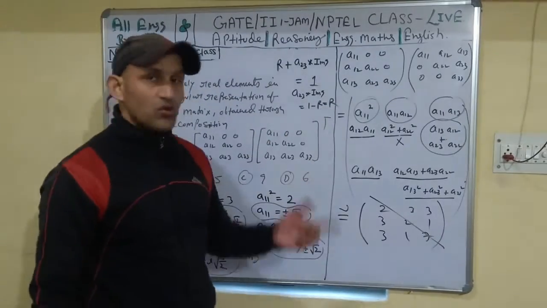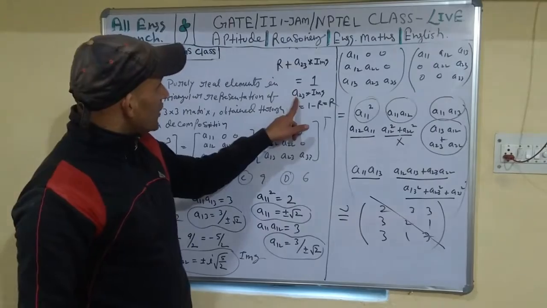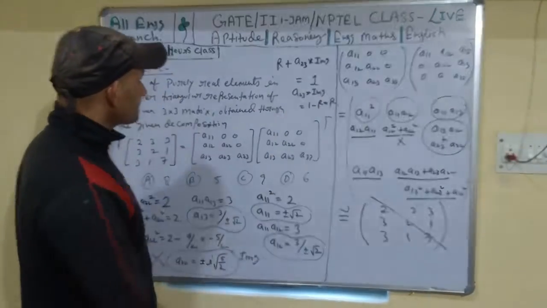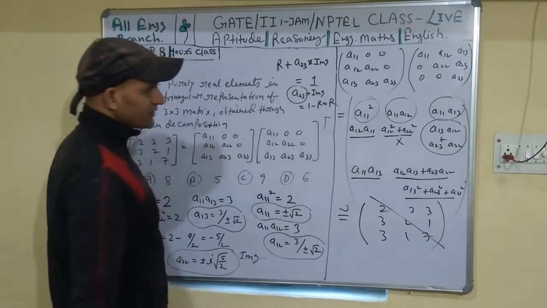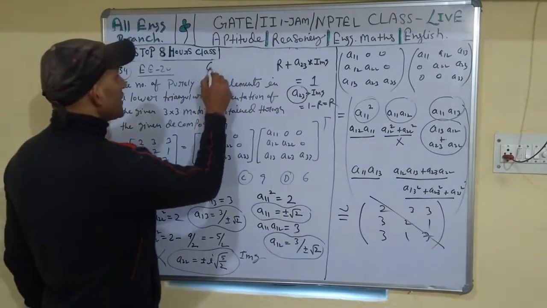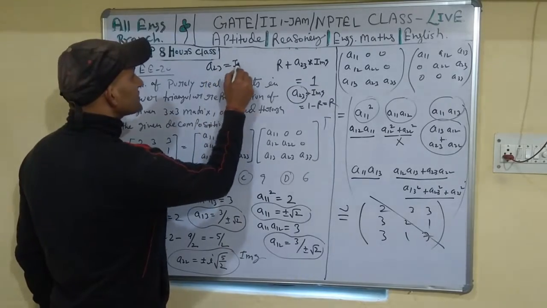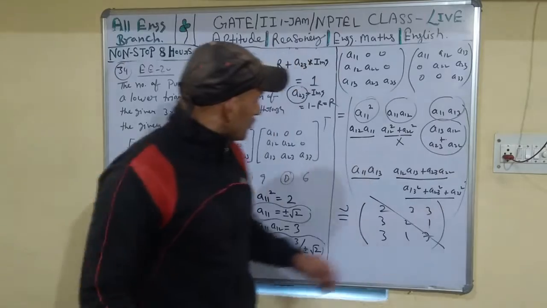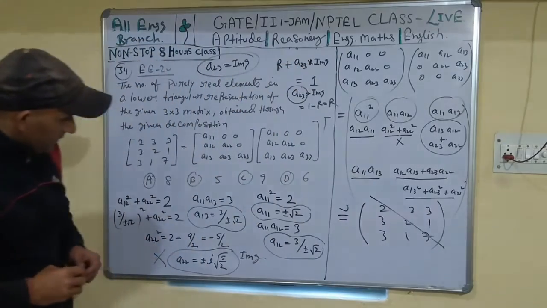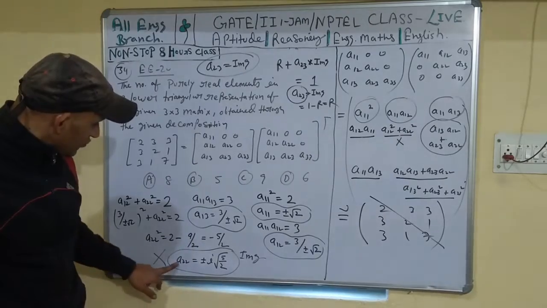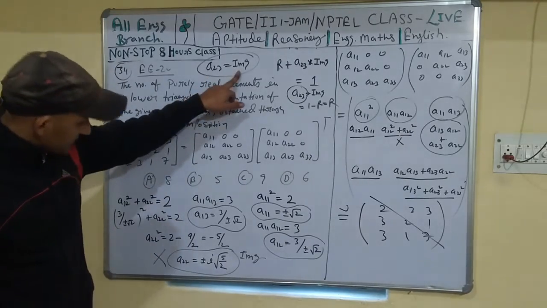So A23 is equal to real upon imaginary, which is imaginary. So A23 is imaginary. So A11 is real, A12 is real, A13 is real, A22 is imaginary, and A23 is imaginary.